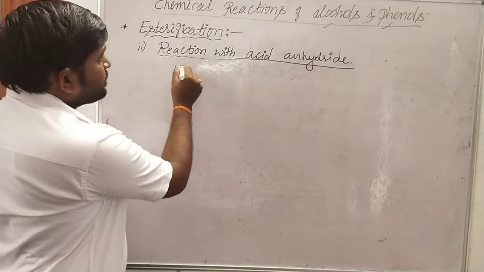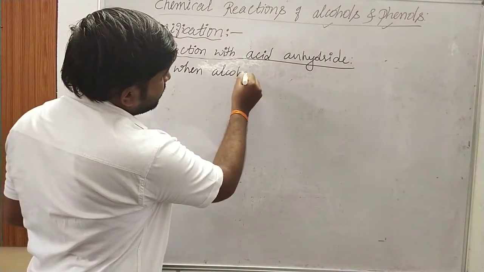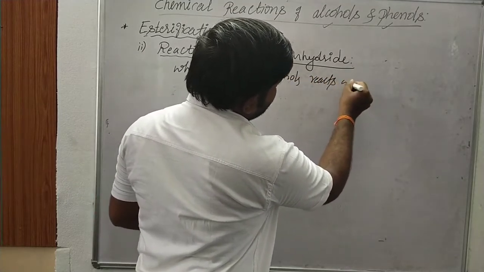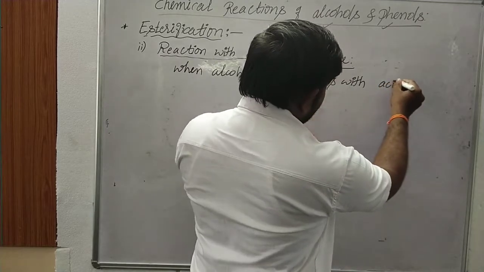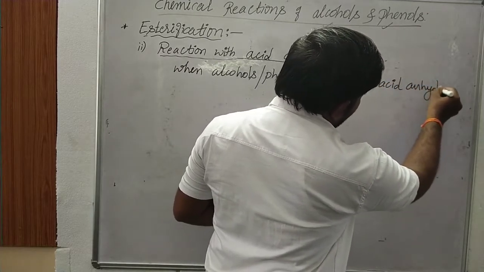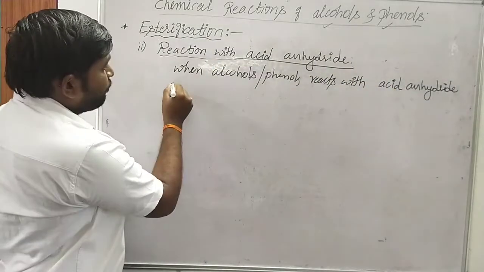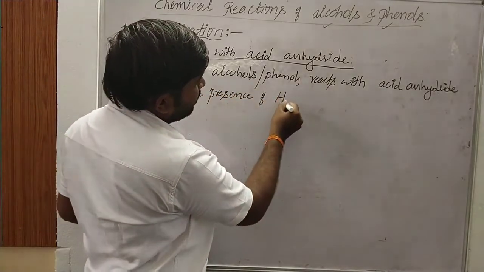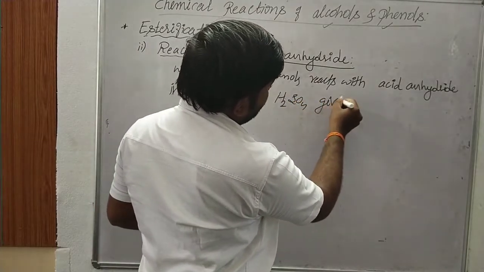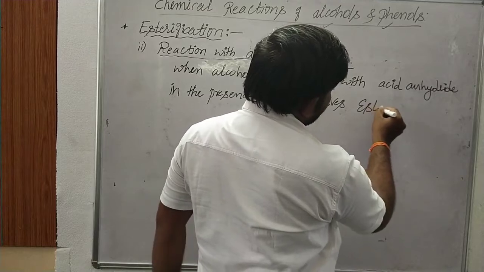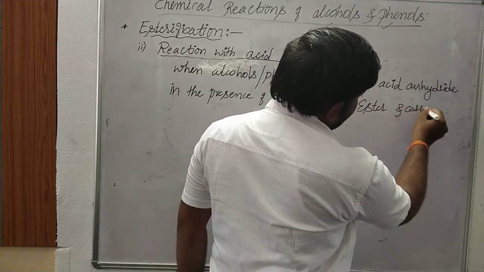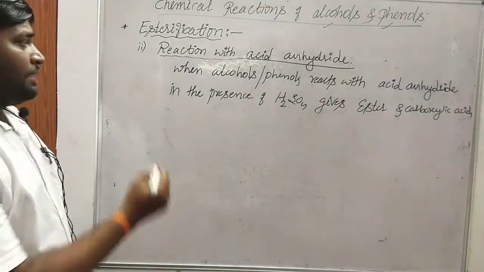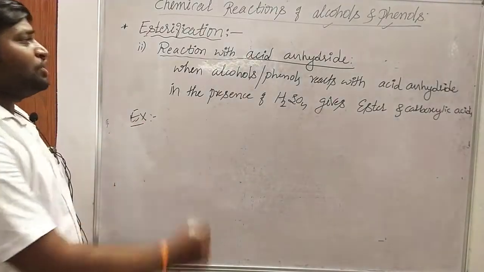When alcohols or phenols react with acid anhydride in the presence of H2SO4, it also gives ester and carboxylic acids.